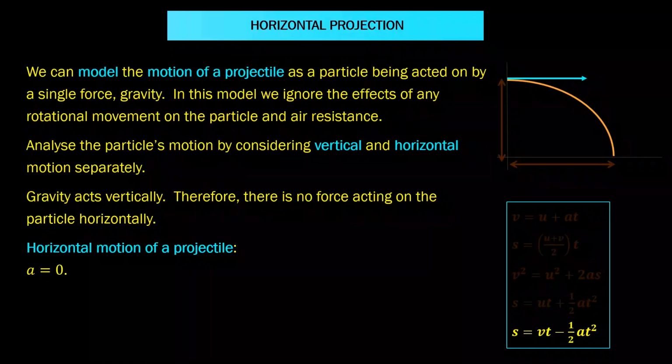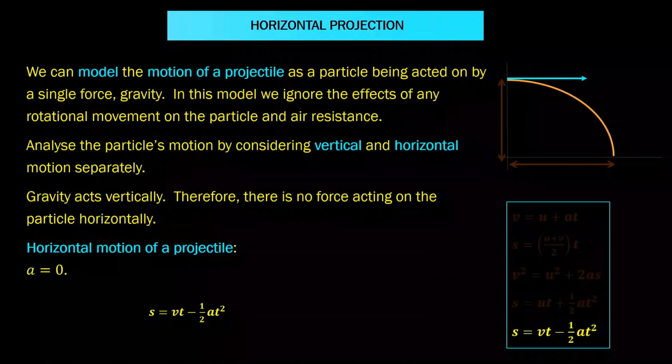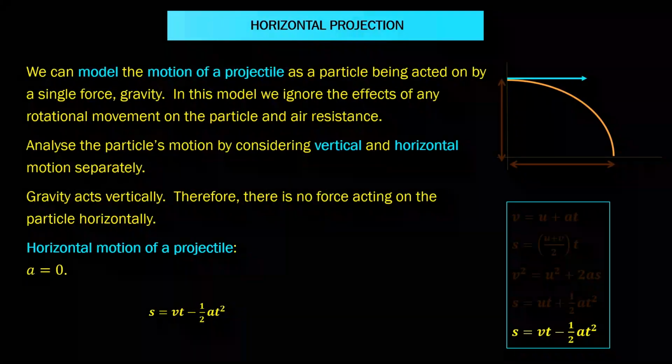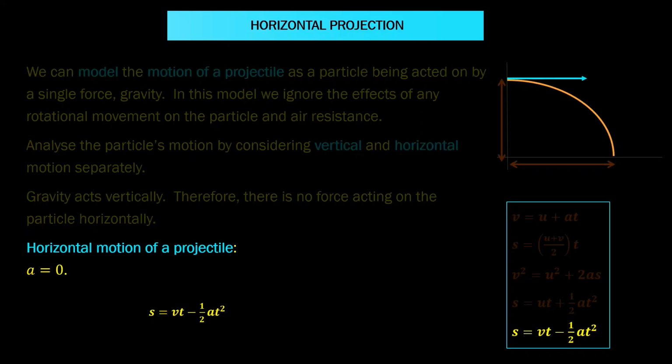And this is because a, the acceleration horizontally, equals 0. So when we consider this equation, since we have a equals 0, we can remove this term. Therefore, velocity is constant and s equals vt.